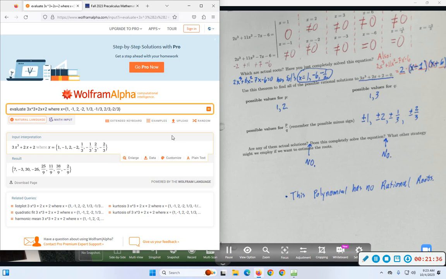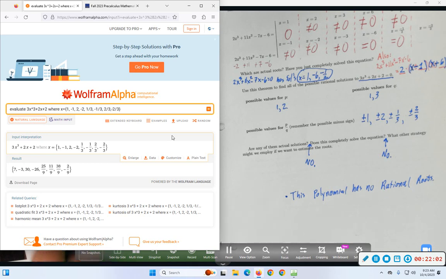What's some other stuff we could do if we wanted to investigate the roots of this polynomial? What's one thing you can always do if you're allowed any tool you want? Yeah, we could graph the thing. That's what you were saying, right? Yeah. Okay.